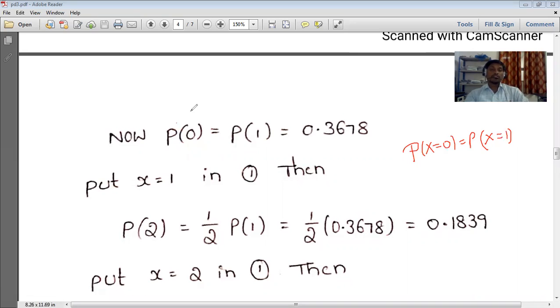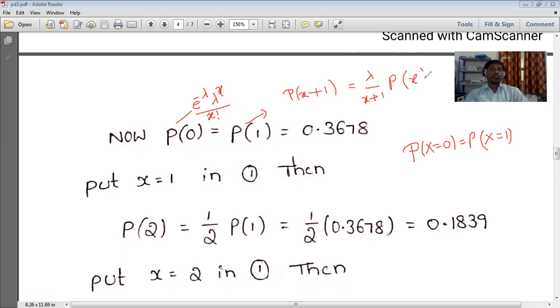So p of 0 we calculated using e power minus lambda, lambda power x by x factorial. This one we used. But for p of 1 we are going to use the recurrence relation. Okay, so what recurrence relation did we choose here? P of x plus 1 is equal to lambda by x plus 1 into p of x. So we use this one.